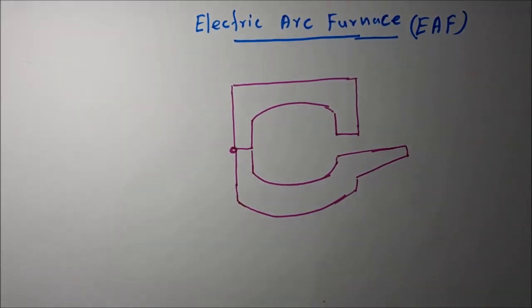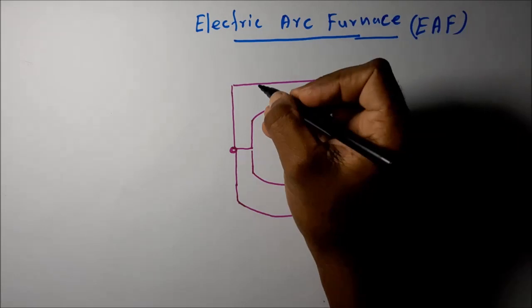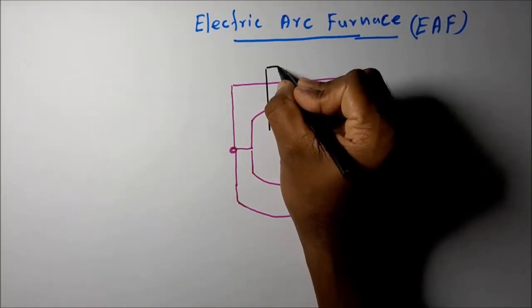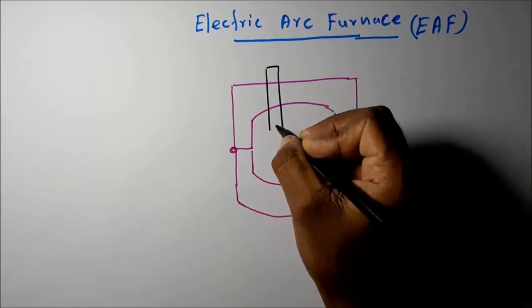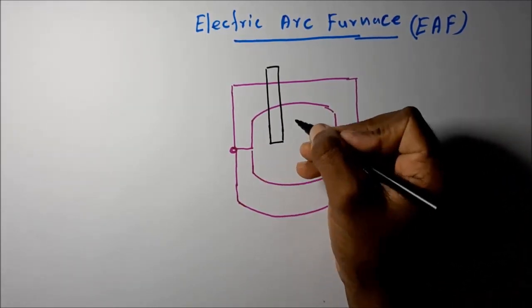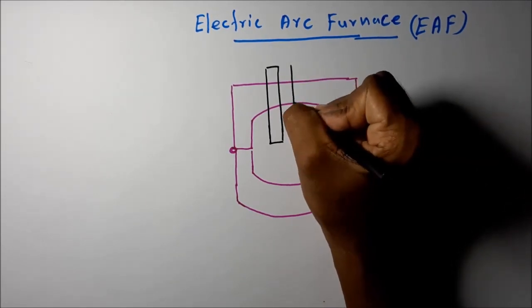Then these are the electrodes. There are three carbon electrodes. They normally use three electrodes, though two-electrode and single-electrode arc furnaces are also there.